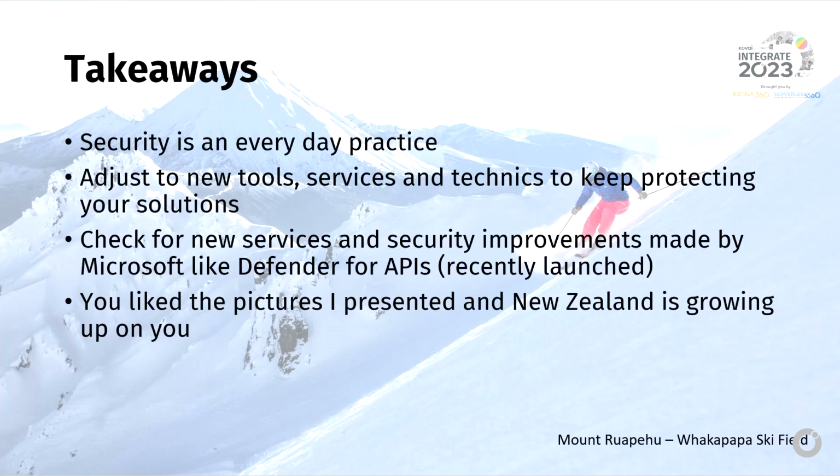Security is an everyday practice. You should be able to think about that and improve your solution as much as you can. Sometimes the business is going to pressure you to deliver something. Try to do that in a safe way, of course, but always keep ways and techniques to protect your solutions even more. We have the landing zone that was published a few months ago.